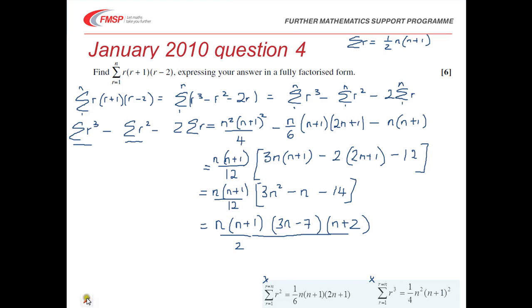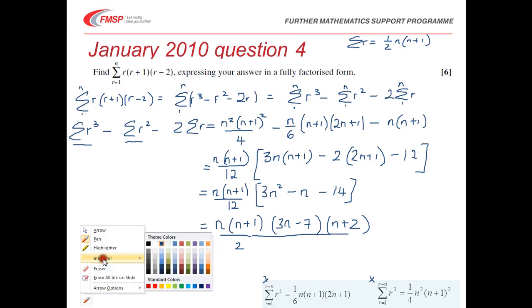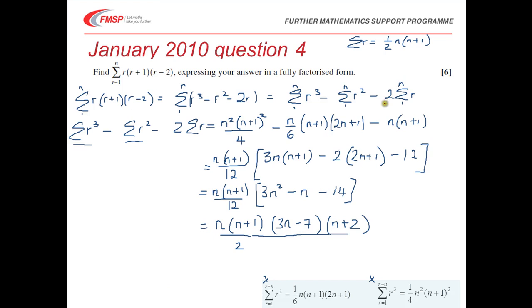Just looking at how the marks are awarded for this, you get a method mark for seeing that you can express it as 3 series. You get a method mark for substituting in and using the standard results, and an accuracy mark if you do this correctly.